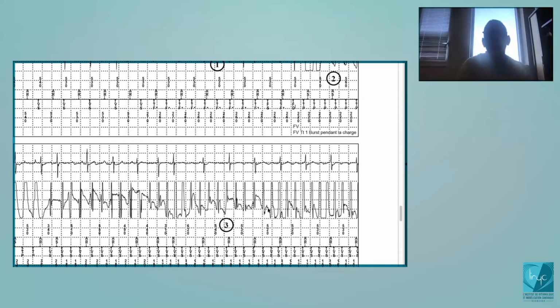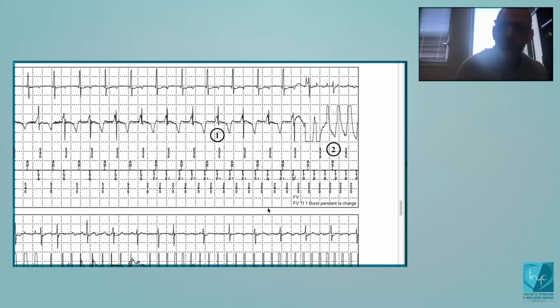T-wave oversensing must be considered as an emergency, because in case of T-wave oversensing, if you receive either an ATP sequence or an electric shock, there is a 50% chance that the shock will be delivered on the T-wave, because you will try to synchronize either on the T-wave or on the R-wave.